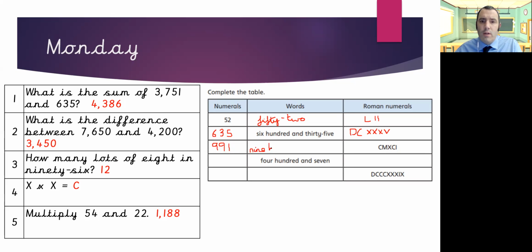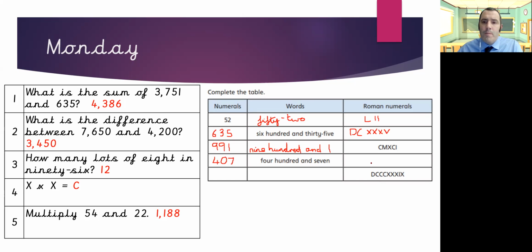900 and 1. So 407. I've got 407 ones, so I need a 0 to go in as my placeholder for my tens.